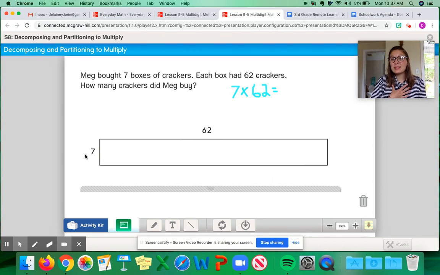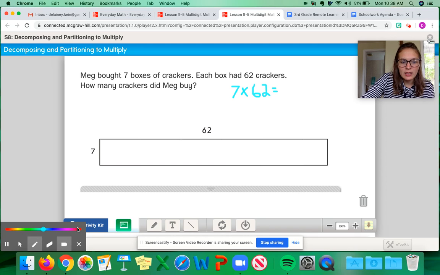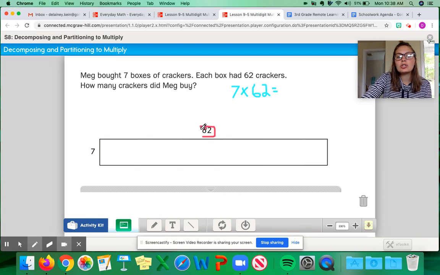I think probably 62 because that number is enormous. So when you're partitioning a rectangle, you want to break the number 62 up into two numbers that are much easier to work with. Now, oftentimes you want to consider breaking it up so one of the numbers is a 10, a number that ends in a 0.